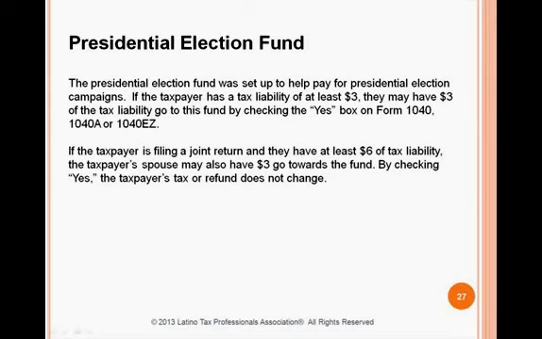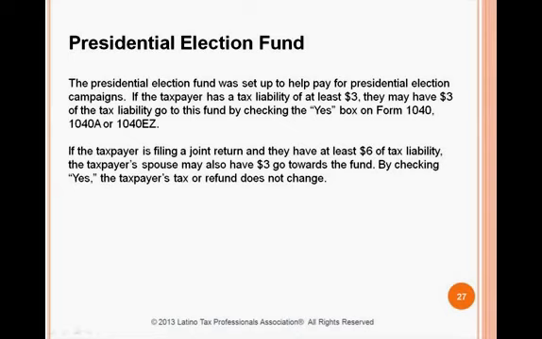And the answer is no. The issue is you are, by electing this, choosing for $3 that would normally go toward the general fund to have it marked to actually go into the presidential election fund, and that is it. So it's not any additional monies you have to pay out. You're just designating $3 of the general fund over to the presidential election fund.